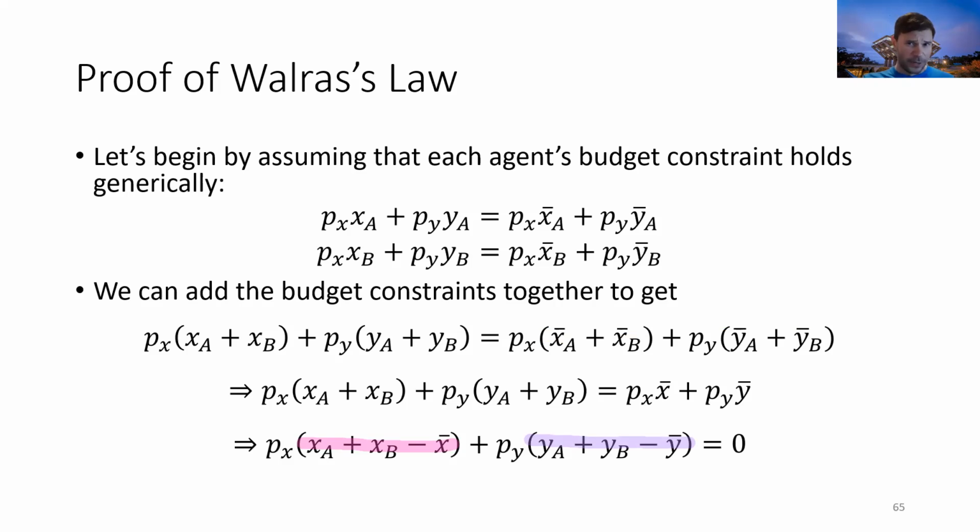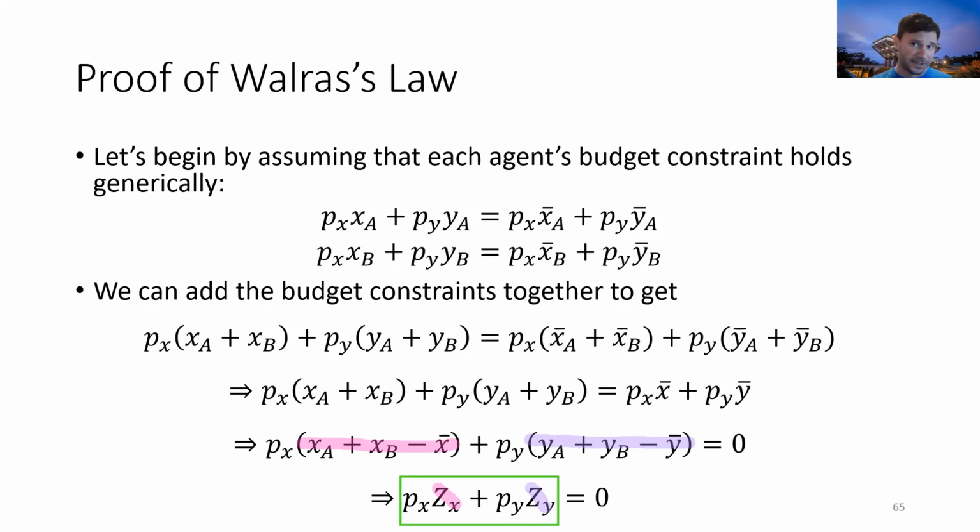So if the budget constraints hold, this condition has to be true here. Okay? And we got to think about how to interpret this condition. The left-hand side of this equation in the green box, that is the total value of the excess demands added up across all of the markets.